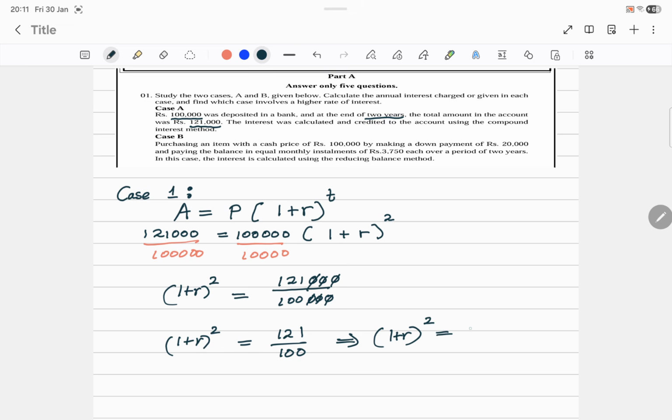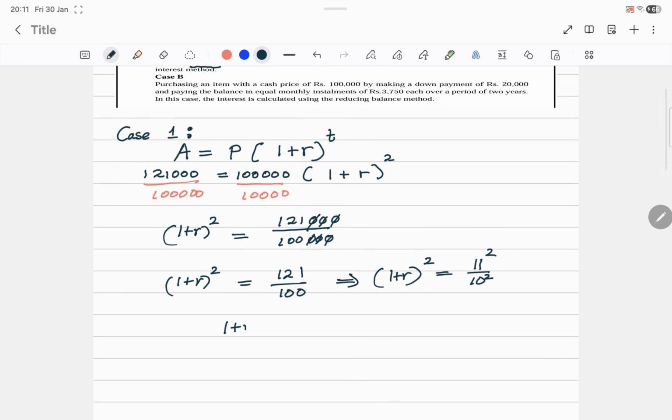Then it's easy to see what happens when you take the square root. You get 1 plus R is equal to 11 over 10. So that is the same as 1 plus R is equal to 1.1. So R is 1.1 minus 1, which is 0.1.